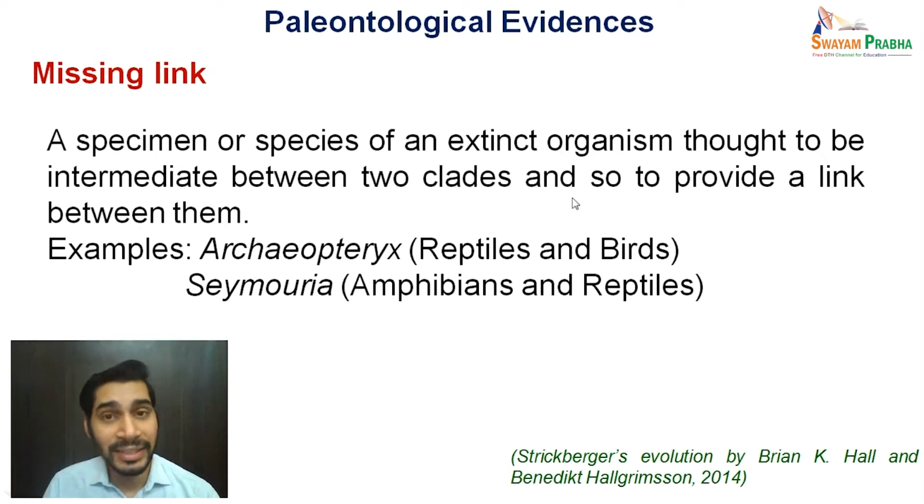And thus it provides a linking evidence. But remember, this is a fossil. The examples may include the famous Archaeopteryx, which is a missing link between reptiles and birds. Yet another example can be Seymouria, which is a missing link between amphibians and reptiles.